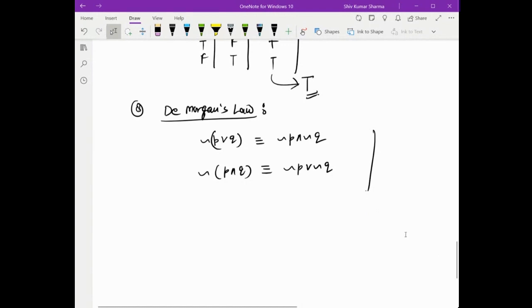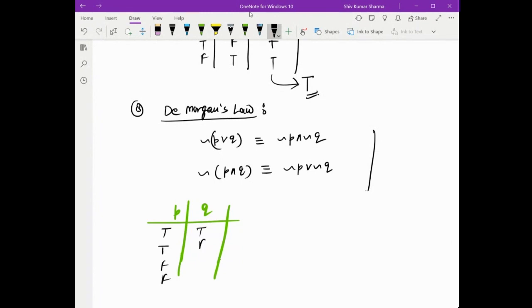You can prove De Morgan's law by using a truth table. First, when we use two statements, P and Q, you can write true, true, false, false, and true, false, true, false, because we have two statements.